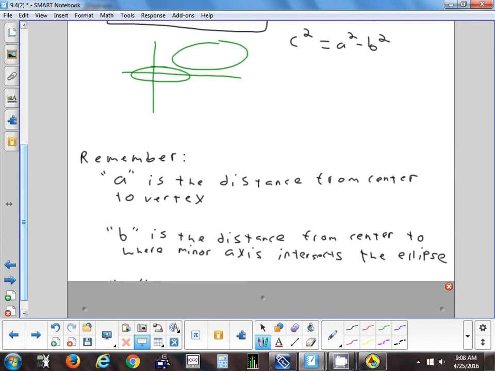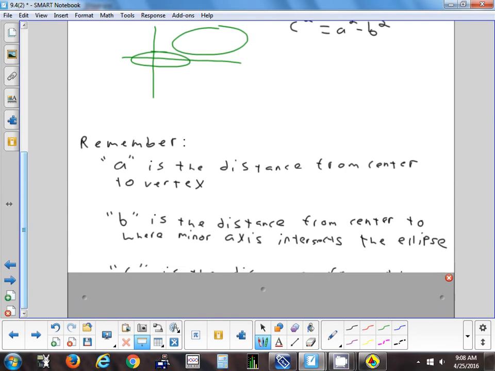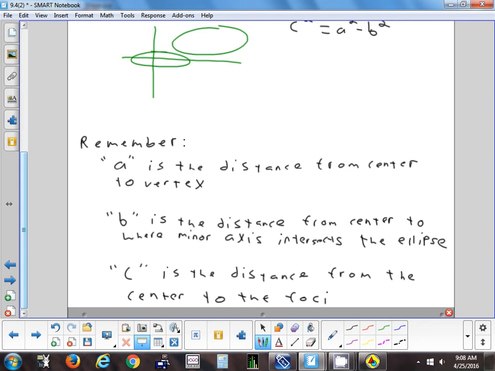And c is the distance from the center to the foci. Those three things are helpful to know.